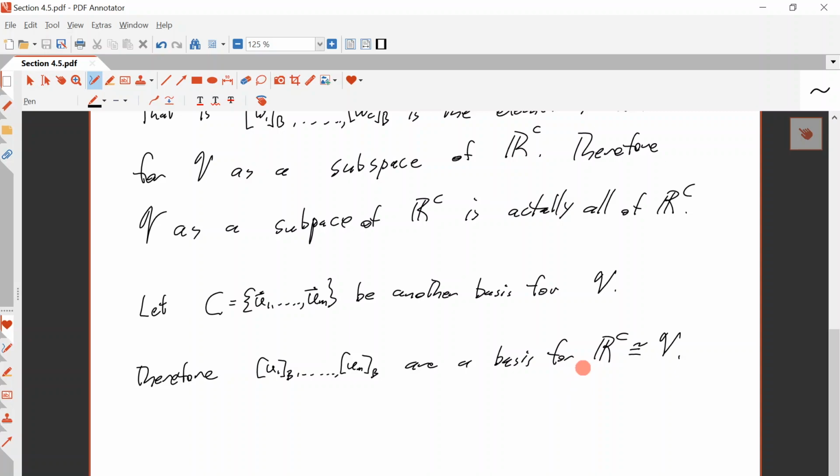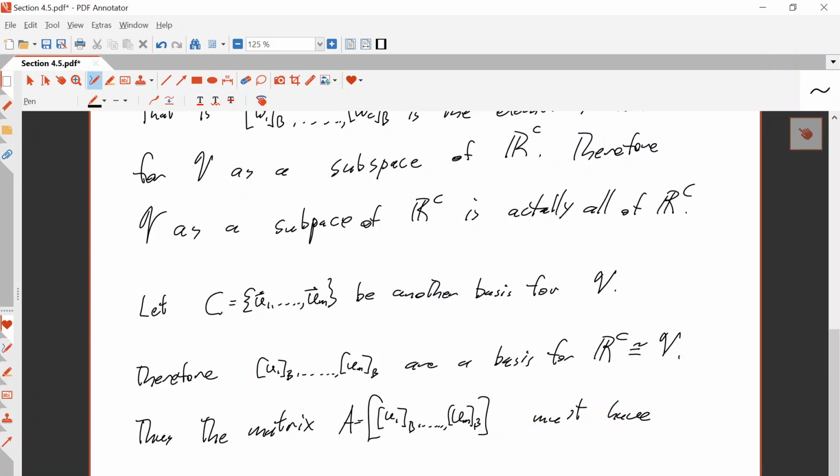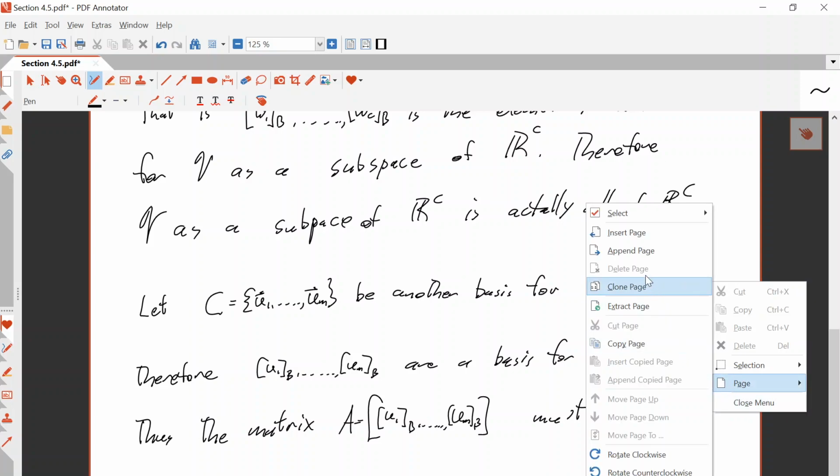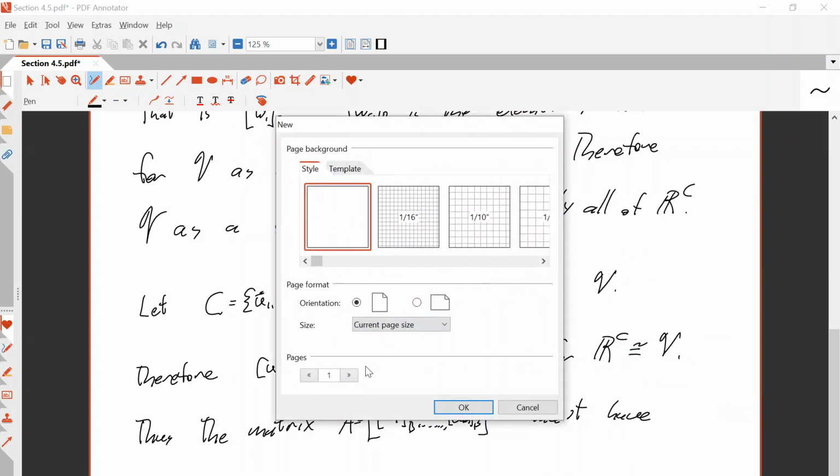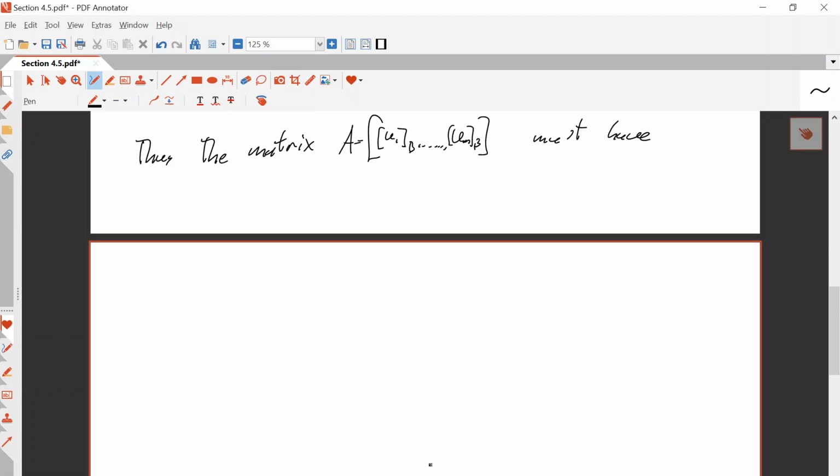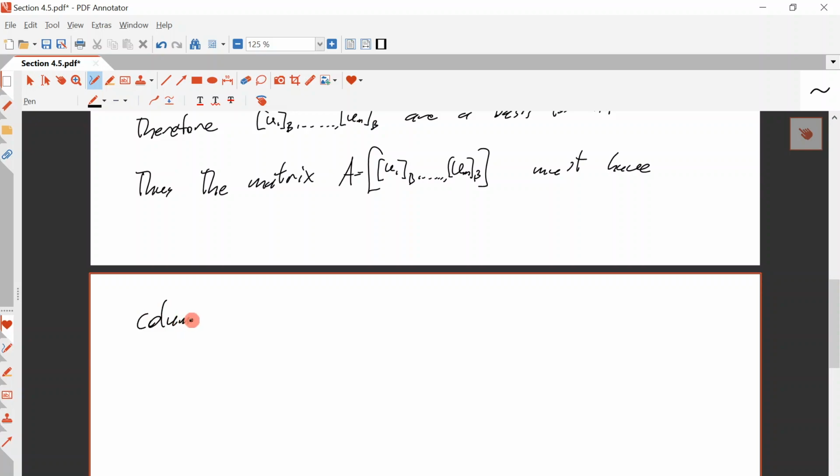Well, if you're going to have a basis for RC, then the matrix A, whose columns are these vectors U1B through UMB, must have column space spanning RC.